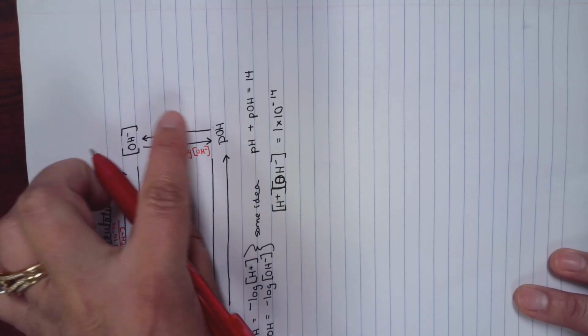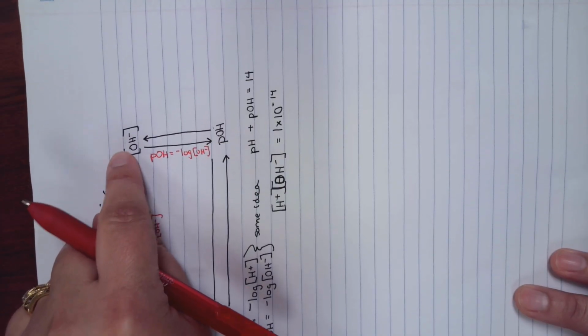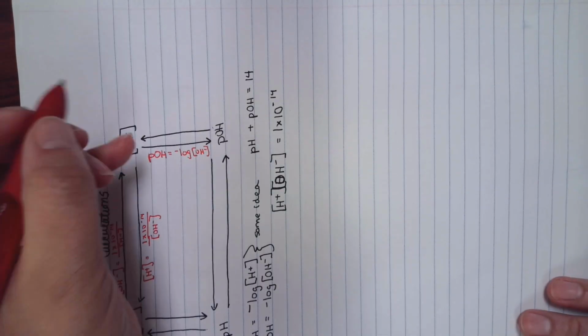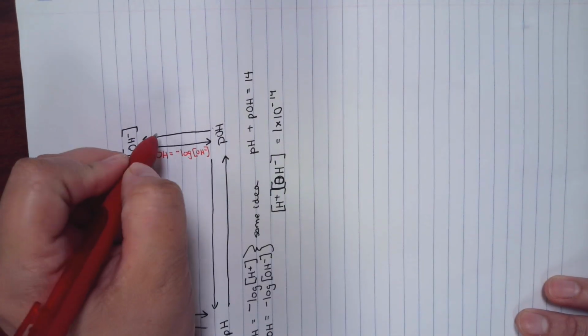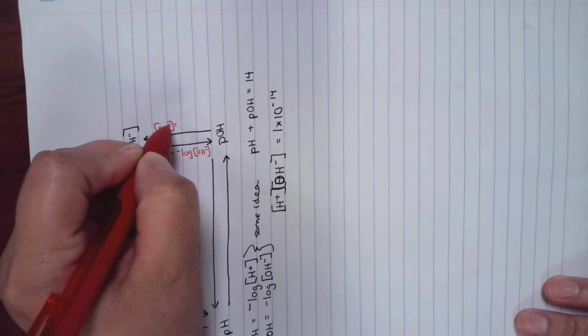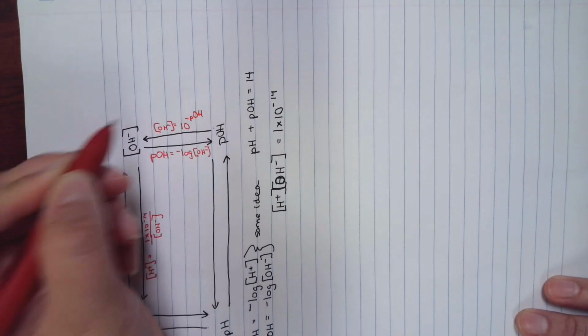If I want to go back the other direction, what if I have the pOH and I want to use that to determine my OH concentration? I'm going to use the inverse log, okay? So to do the inverse log, I'm going to show you the buttons on your calculator to do this. Your OH concentration is going to be equal to 10 to the power of your negative pOH.